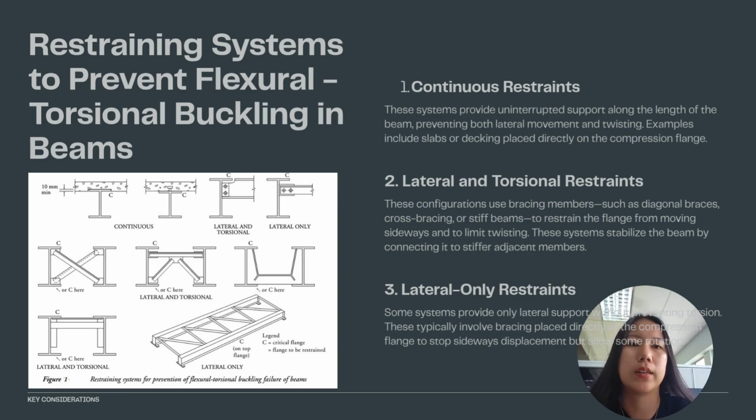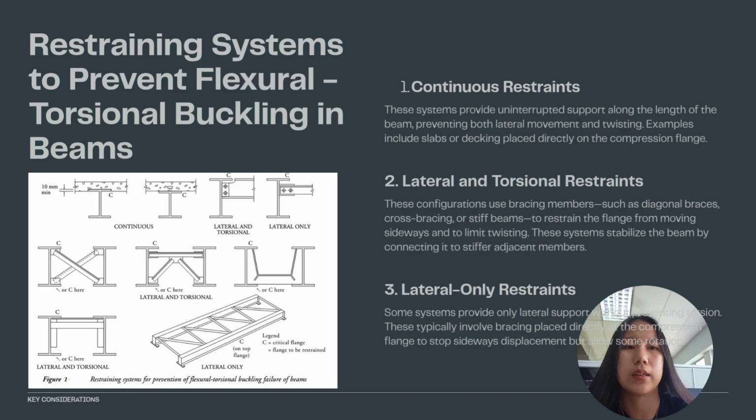Number two, the lateral and torsional restraint. This configuration uses bracing members such as diagonal braces, cross bracing, or stirrup pins to restrain the flange from moving sideways and to limit twisting. The system stabilizes the beam by connecting it to stiffer adjacent members.